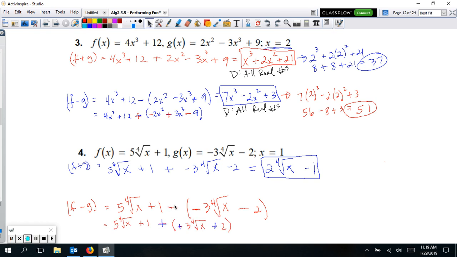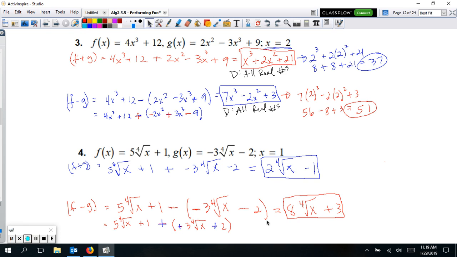So our minus sign becomes a plus, and now this becomes a positive 3 in front of the fourth root of x, and this is also a positive 2. So again, we can combine like terms with our fourth root of x here. It's going to be a 5 plus 3, so it's going to be an 8 now in front of the fourth root of x, and then 1 plus 2 will give us a 3 there at the end. So 8 fourth root of x plus the 3.